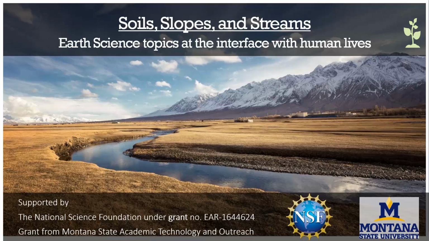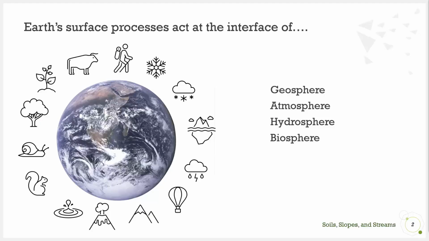The series focuses on soil, slopes, and streams because these are where our lives interface most with Earth's surface. The thin mantle of soil and rocks and waters at Earth's surface lie literally at the intersection of Earth's spheres.